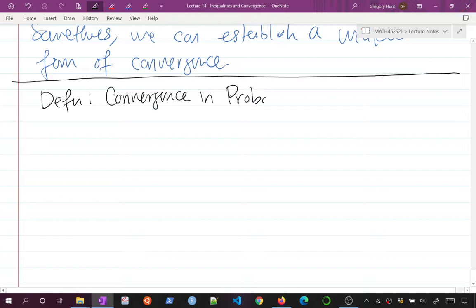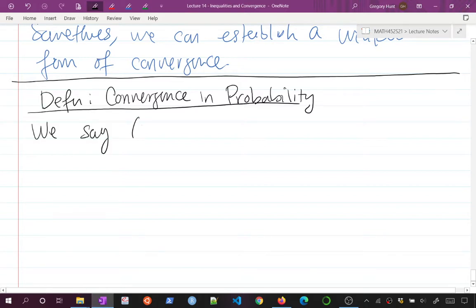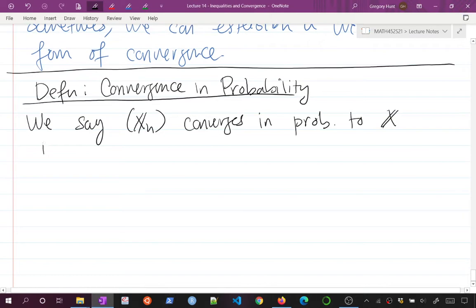We say a sequence Xn converges in probability to some limiting random variable X, or we should say, denoted, so our notation for this is Xn with an arrow with a p over it to X, where the p stands for in probability.